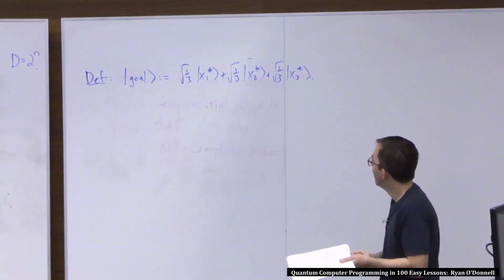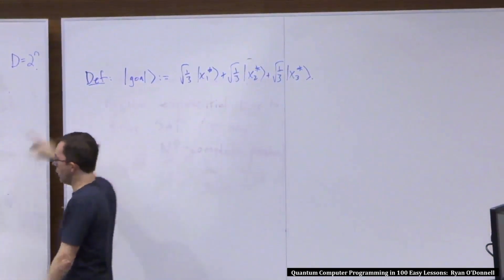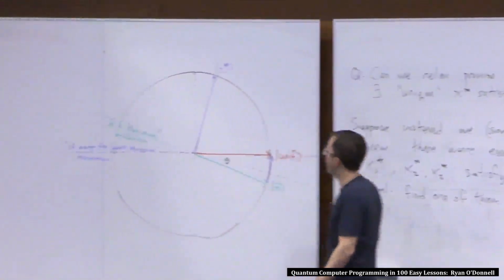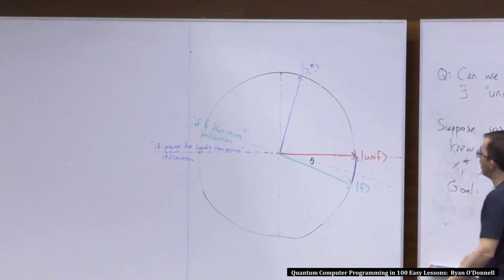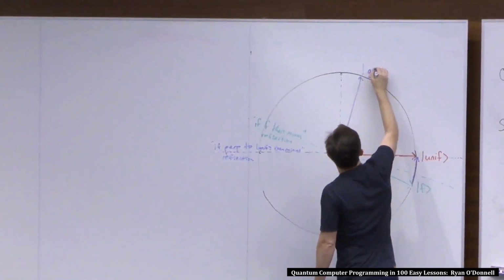Okay. So this is just like a length 1 version of this vector. It's what you get if you scale this up to length 1. So in fact, let me adjust this diagram. This is going to depict goal.